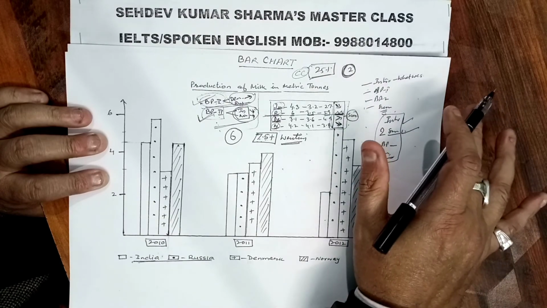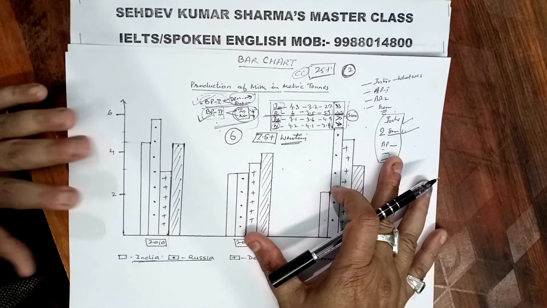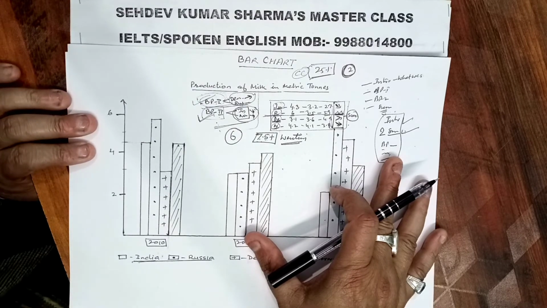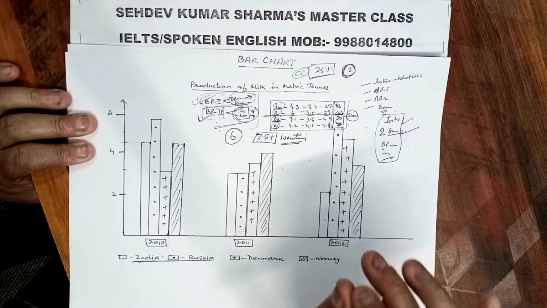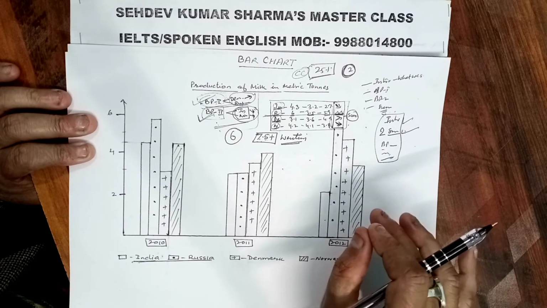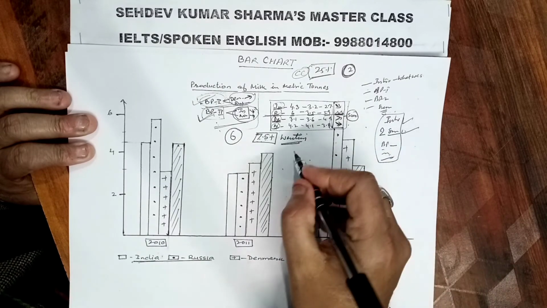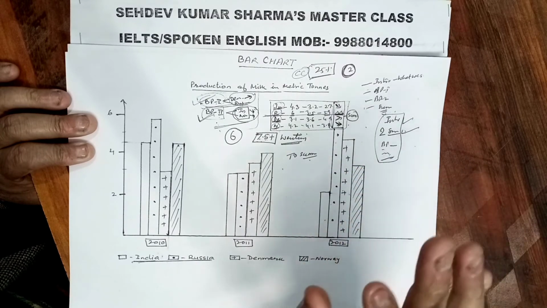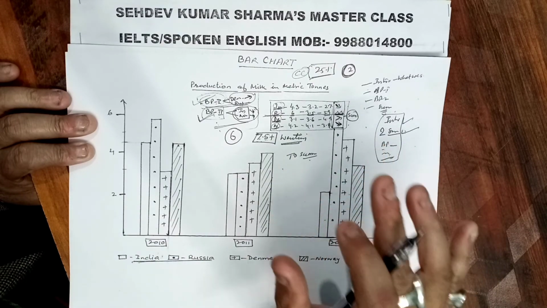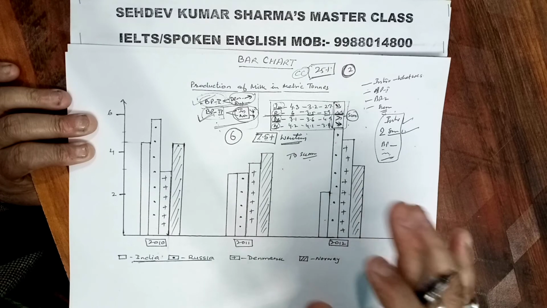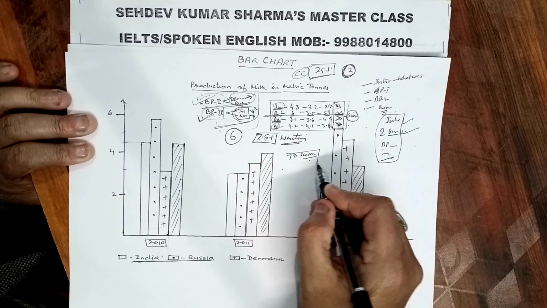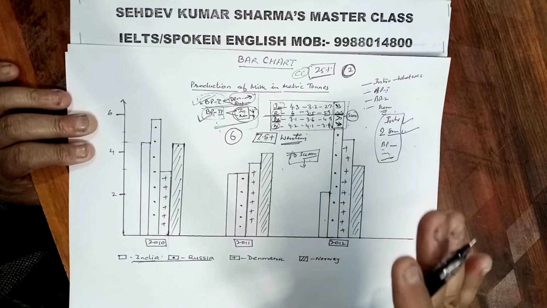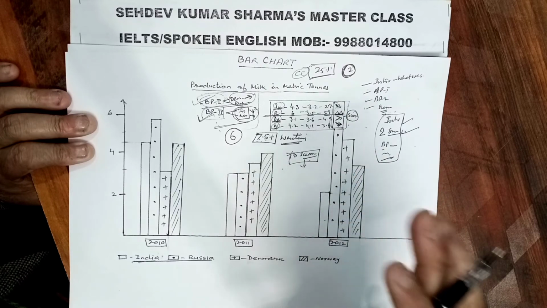And before I end this video, I think I have given you some insight. If you still need something more, I will make another video for your bar chart. Before I shut this video, I request you that please write in your task 1 only one word, that is to summarize. Please do not write to recapitulate, do not write in nutshell, or do not write overview, because to summarize is the word which I have seen that most of the 9 band writers use, the examples are available on various websites.